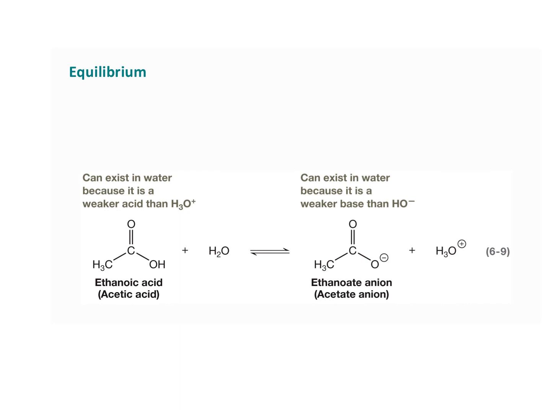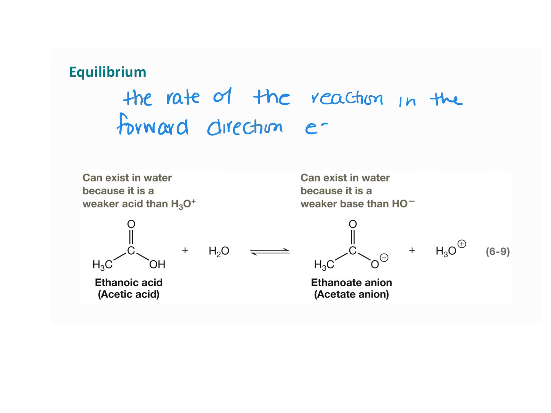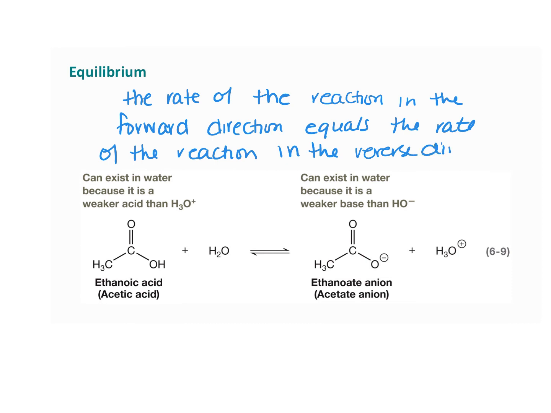And I want us to remember from general chemistry, equilibrium is when the rate of the reaction in the forward direction equals the rate of reaction in the reverse direction.